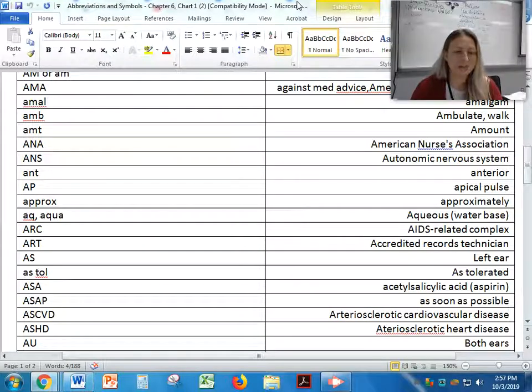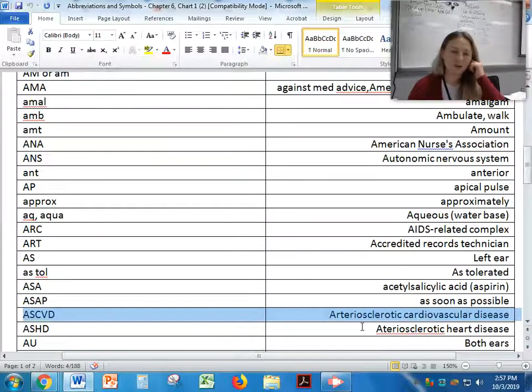The ASCVD, the arterial sclerotic vascular disease. Okay, so arterial, let's break this down. Okay, well, cardiovascular disease is a disease of the heart and the blood vessels of your body. Cardio means heart, vascular means pertaining to your blood vessels.